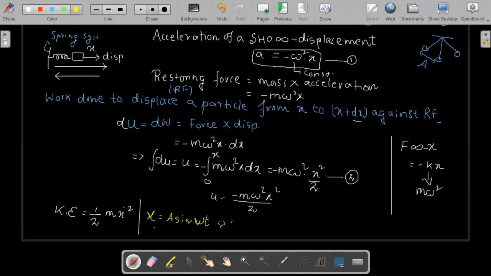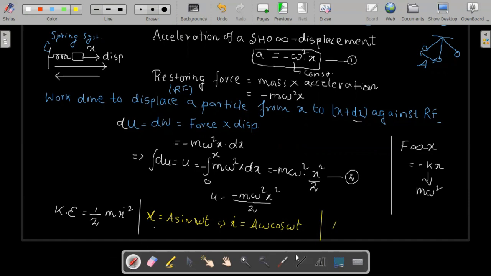So if I want to find out what is my x dot, I can simply differentiate this term with respect to t. dx dt is x dot, so I can write it as a, and if you differentiate sine omega t, you get omega cos of omega t, right? Now, we know the relation between sine and cos. If you remember, sine square theta plus cos square theta is equal to 1.